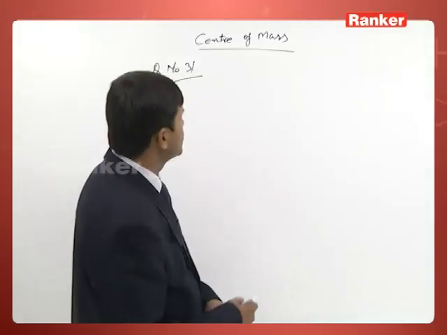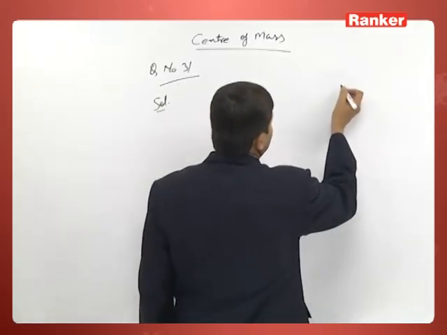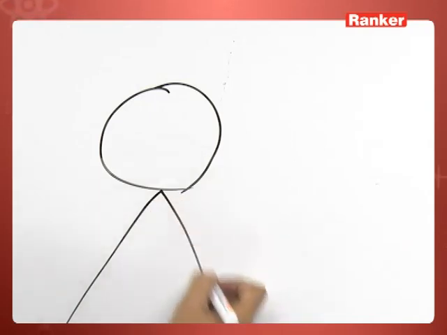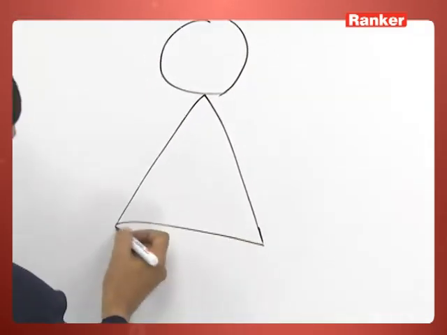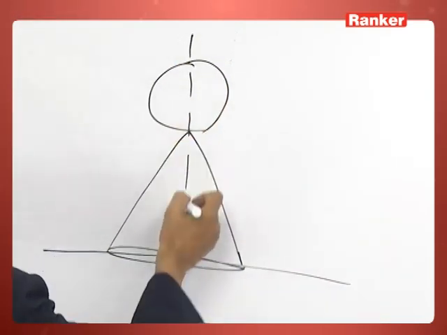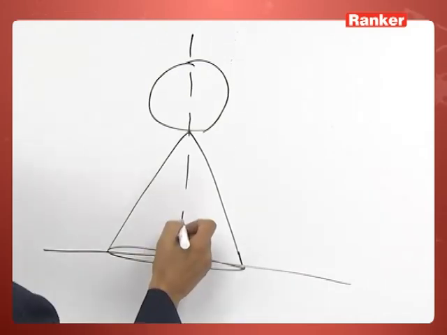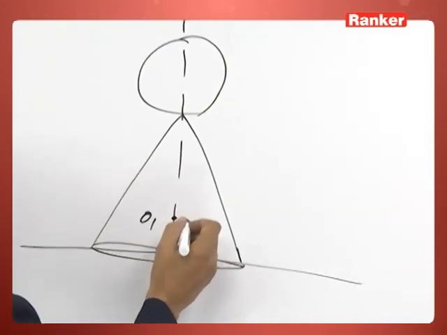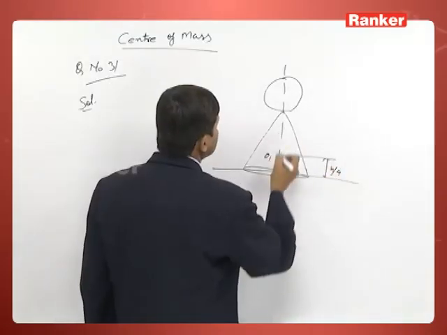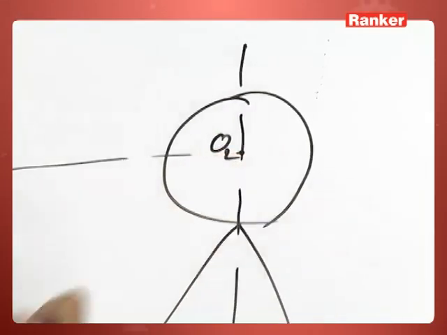First thing, see the diagram of a toy made by a carpenter. He has made one sphere and this is a cone, and this point can be called O. The center of mass of the cone is here at O1, at a height h by 4, and the center of mass of the sphere is at O2.